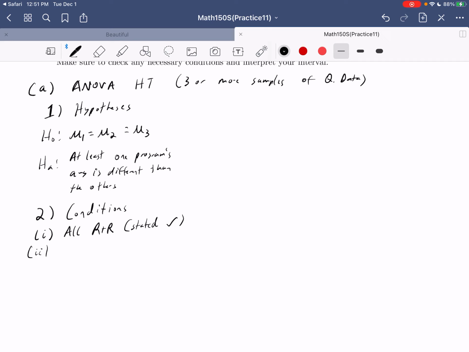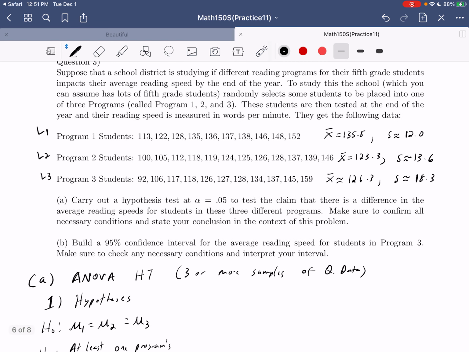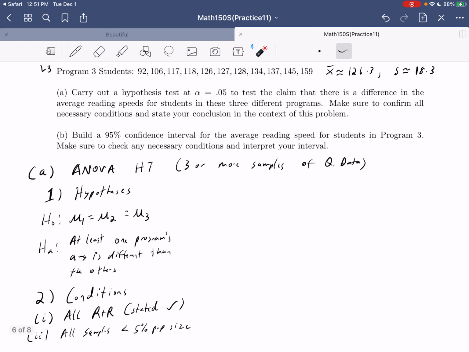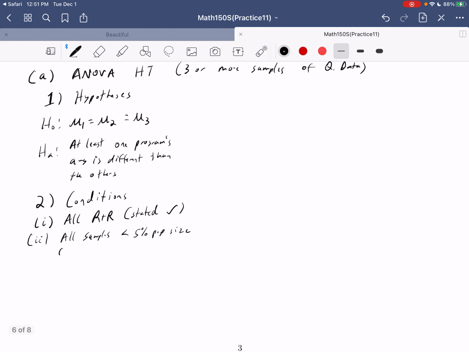Then we need to make sure that all samples are less than 5% of the population size. But if we see here, they mention that you can assume that there are lots of 5th grade students. So we can just say that right there. Lots of students to choose from.